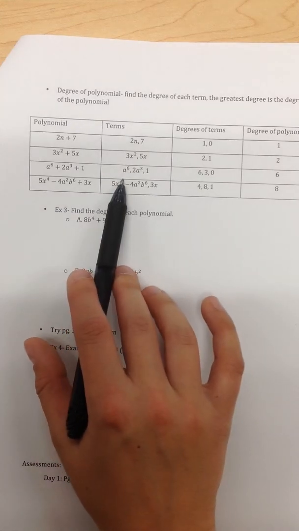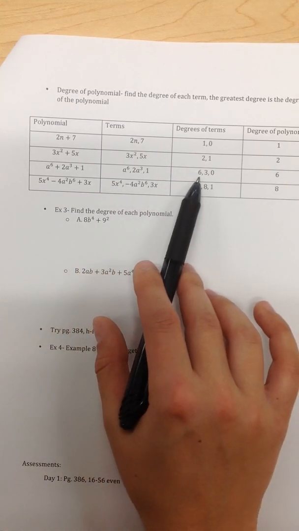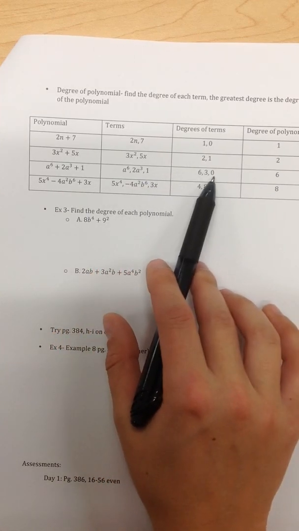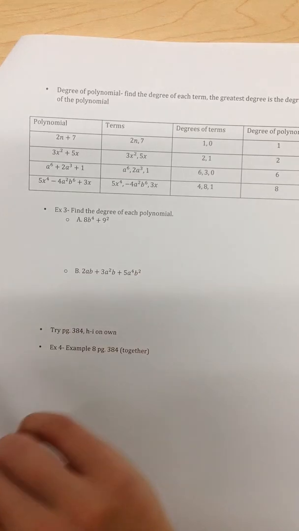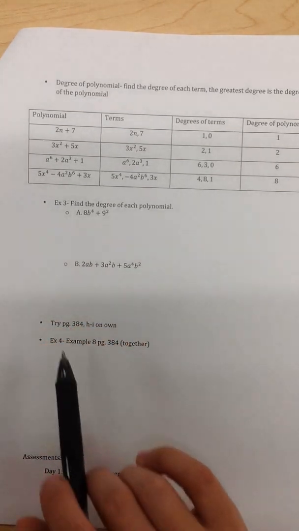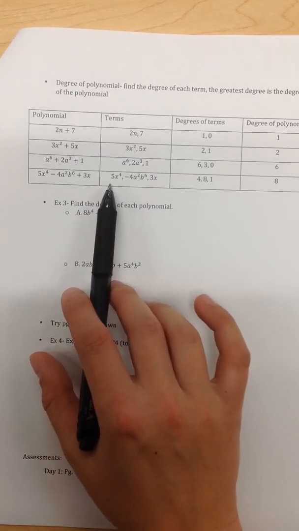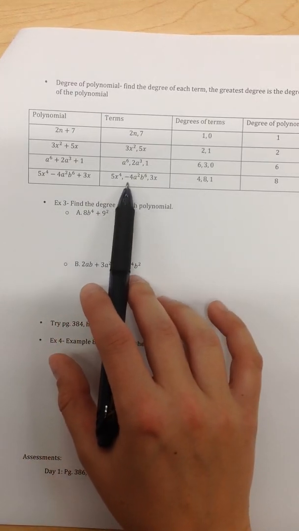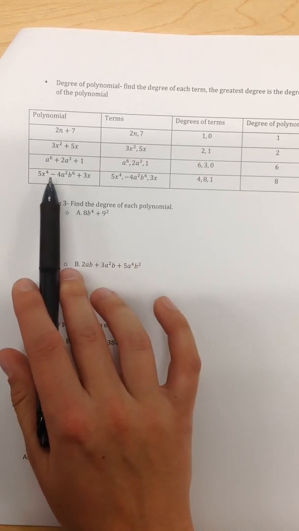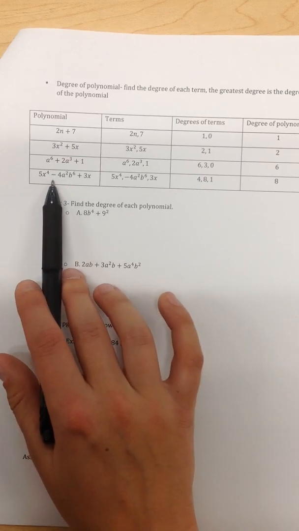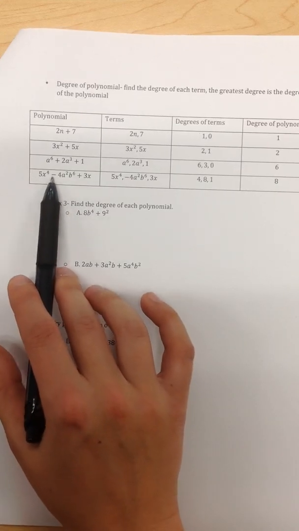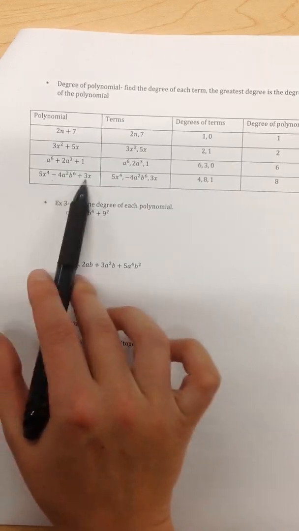We break it into our terms, so we've got a power of 6, so degree of 6, power of 3, degree of 3, just a 1 by itself, degree of 0, so our biggest one there is the 6. And then the last one here is kind of a tricky one, but if we break it into its different terms, we've got 5x to the 4th, negative 4a squared, and b to the 6th. That all goes together as one term because we split up the terms in between our subtractions and additions, whatever the mix is, but that separates our terms, so this all goes together as 1.